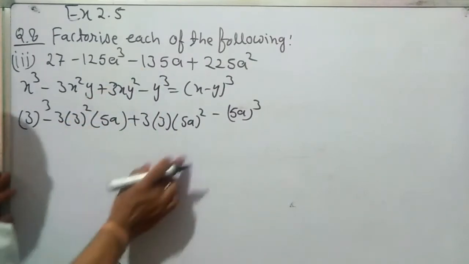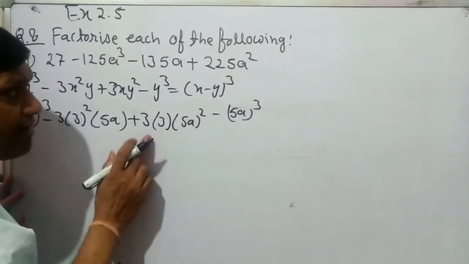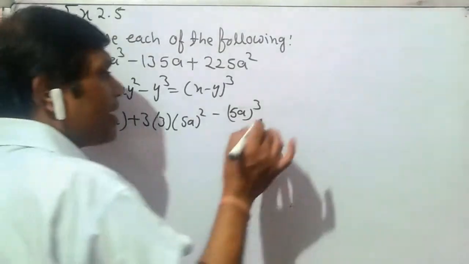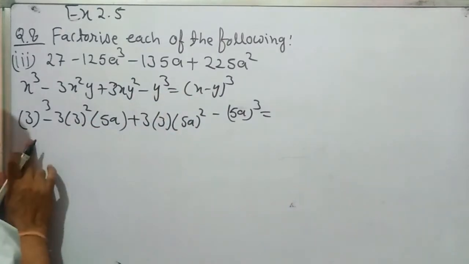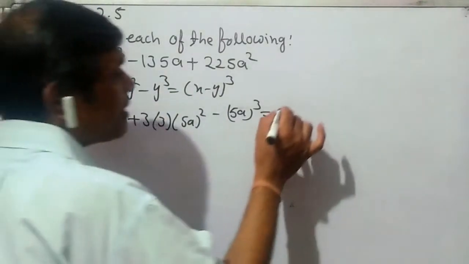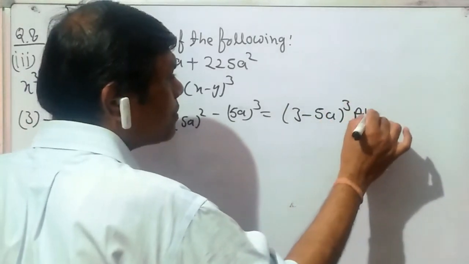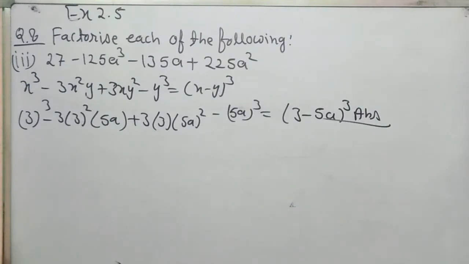And 5 square is 25, multiplied by 9 is 225. So we can write this as x minus y whole cube. What was x? 3. What was y? 5a. So this is 3 minus 5a whole cube.